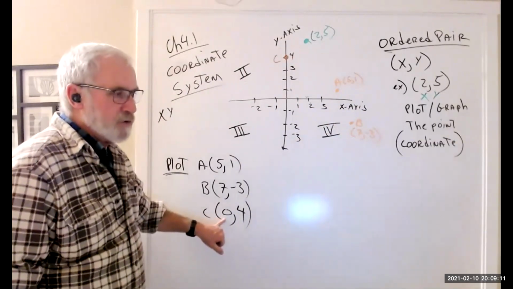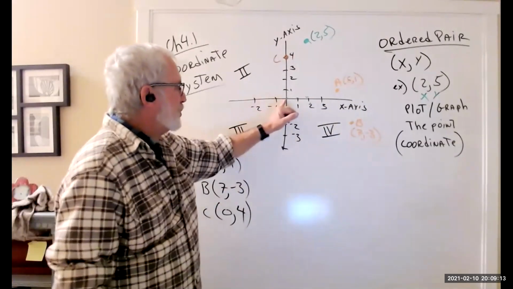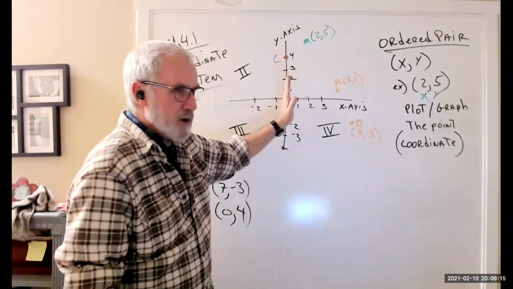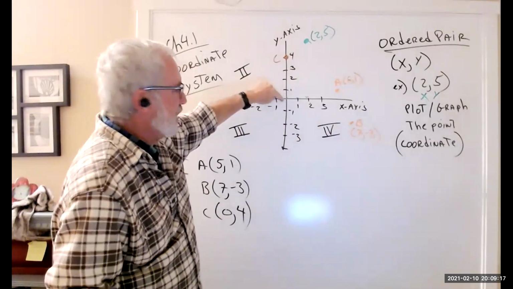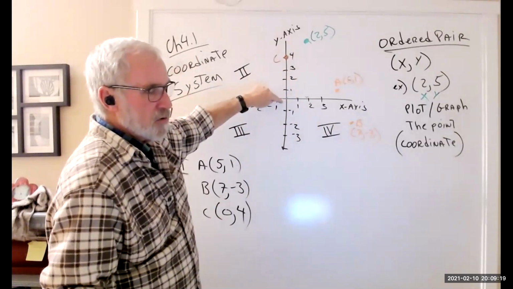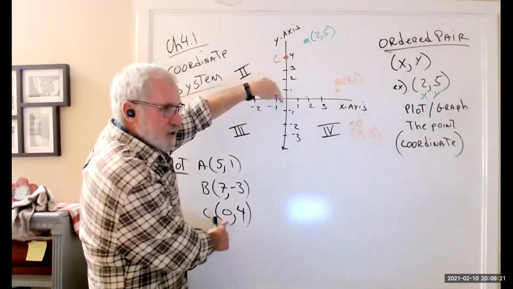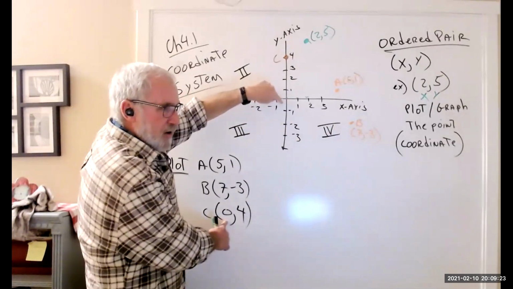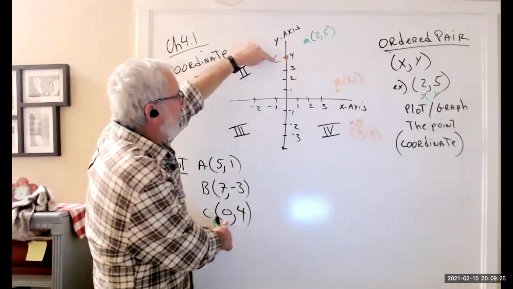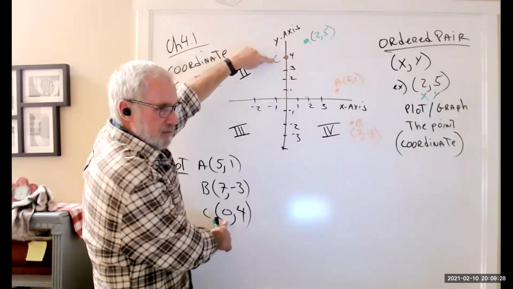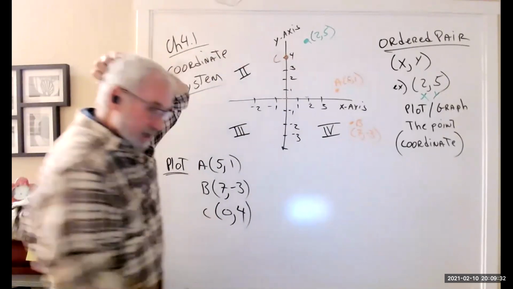The X is 0, which means if we start here, we don't move from here. Remember, we always start here. So it says don't move in the X direction. So stay there in the X and then go up 4. That would be point C. Is that all right with everybody?